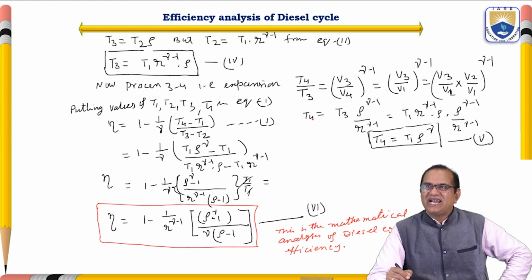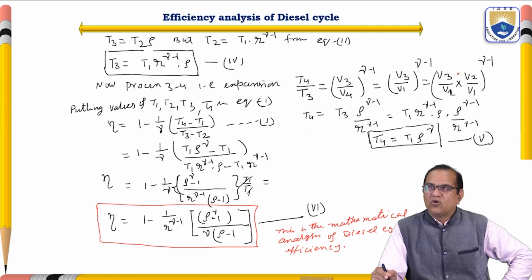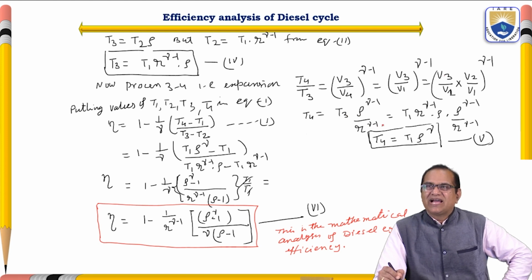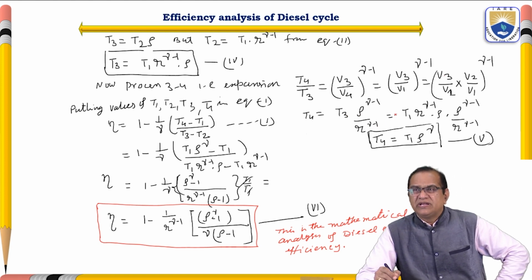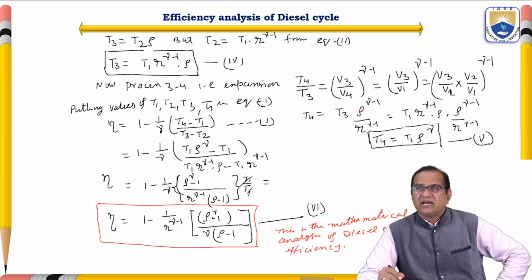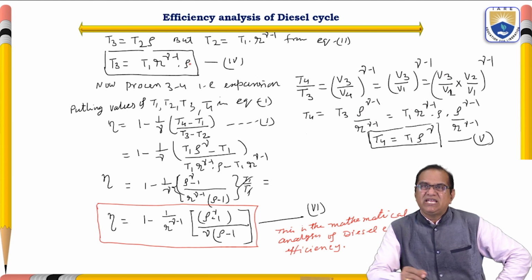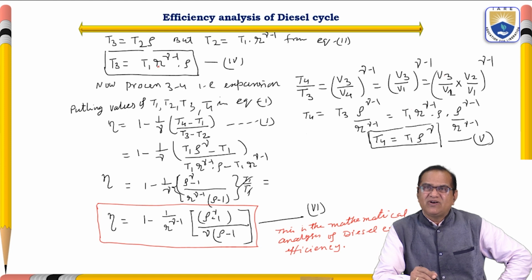So we get T4 is equal to T3 times rho to the power gamma minus 1, and here it should be V2 by V1, so r to the power minus (gamma minus 1). So this is equal to T1 rho to the power gamma minus 1 by r to the power gamma minus 1. In place of T3, we can take from here T1 r to the power gamma minus 1 into rho.